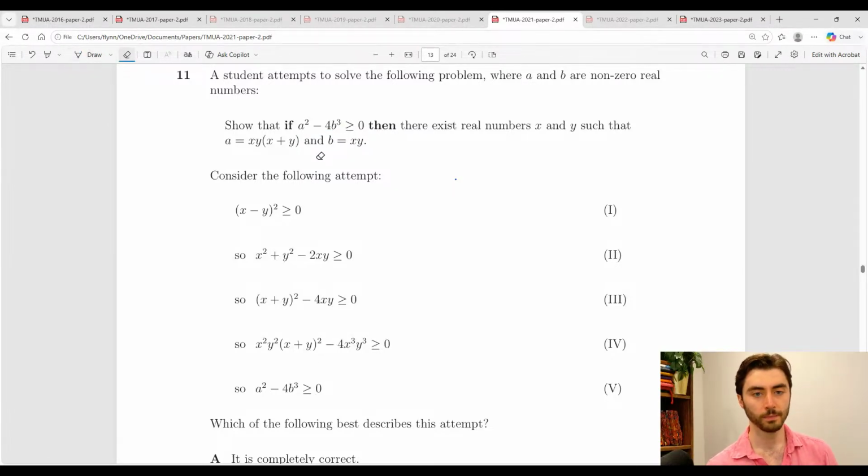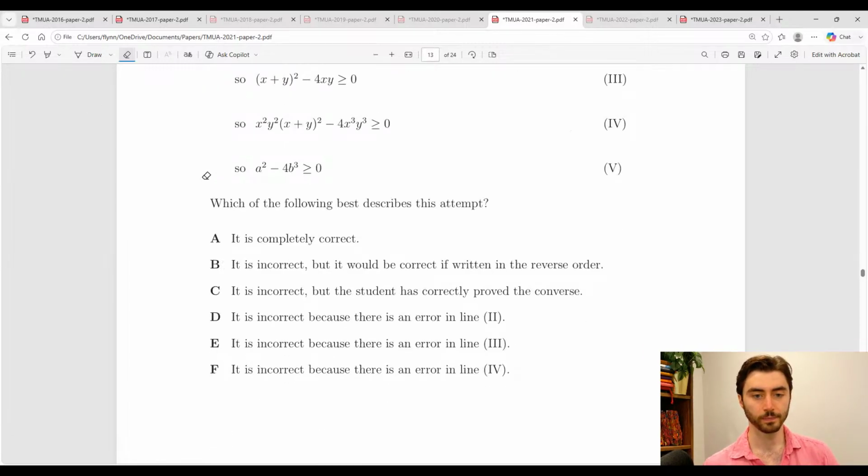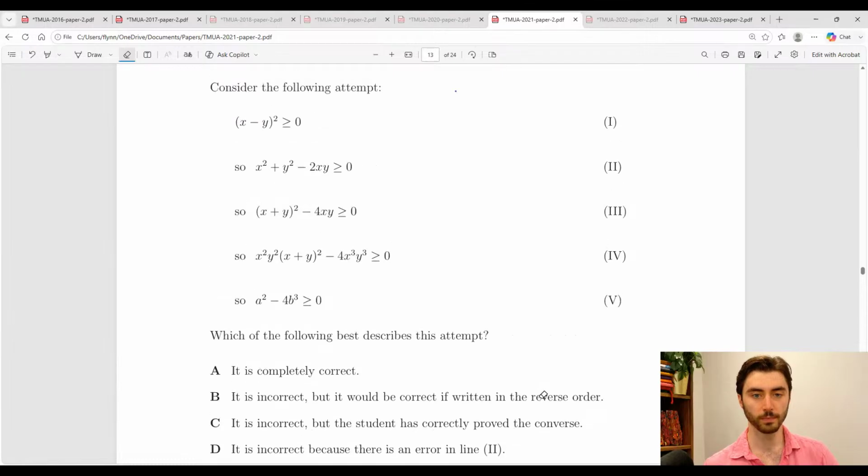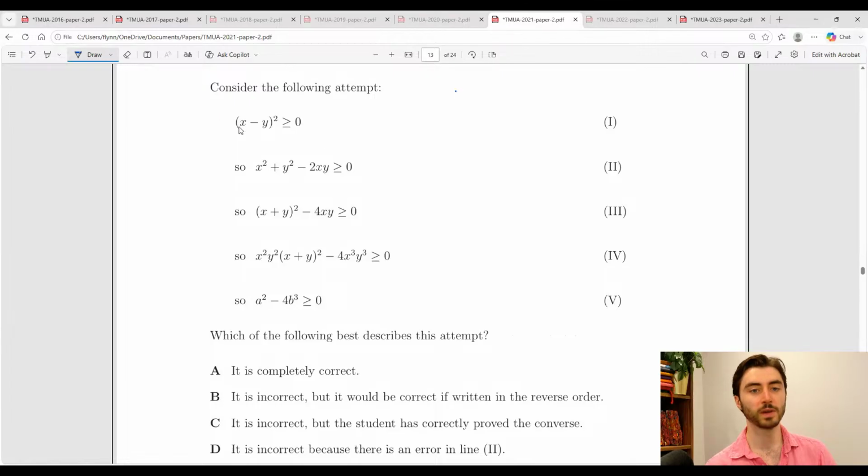What they've done, let's check this out. Is there an error on line 2, 3, or 4? There is not an error in line 2. That is what happens when you expand that out. There is not an error on line 3.